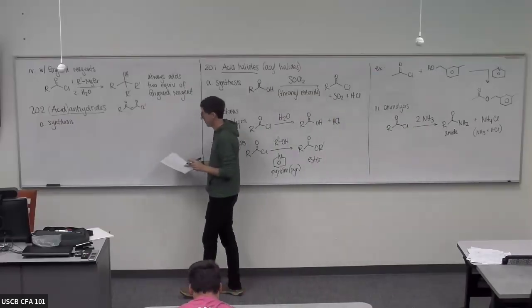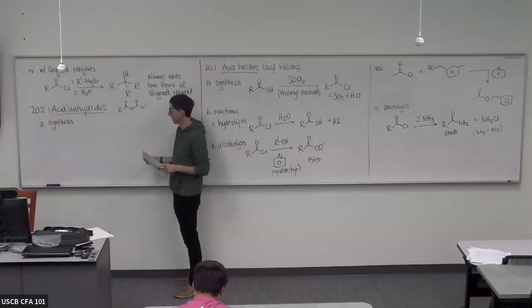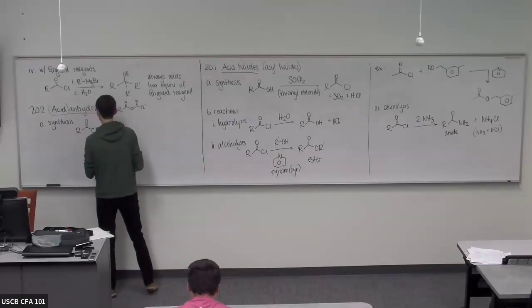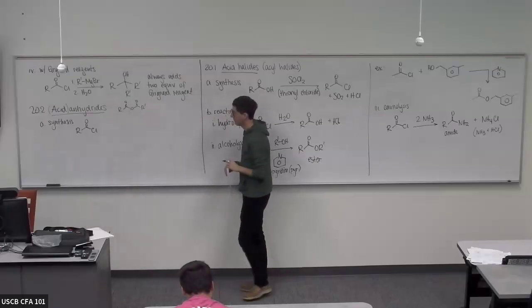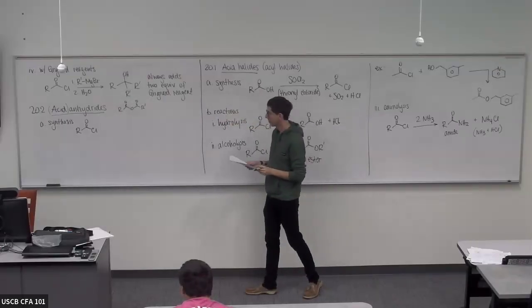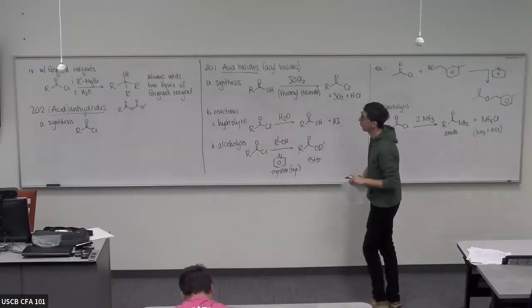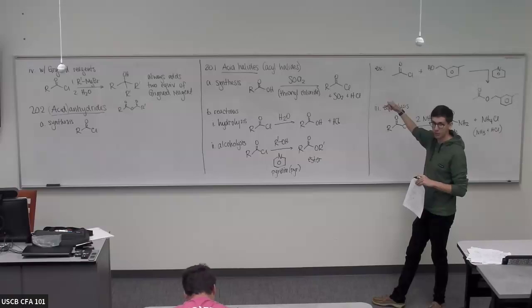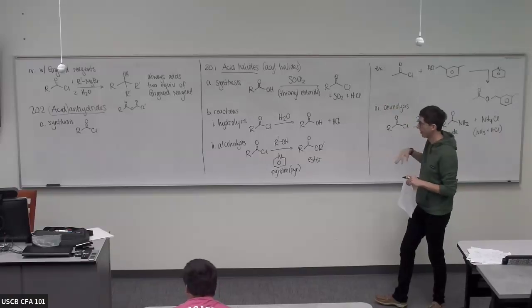But in practice, that's not really going to work for any sort of significantly sized molecule that we might be interested in making. And so generally, you're going to have to start from an acid halide. This is why we're doing them in order of reactivity, because generally speaking, you're going to use a more reactive compound to make a less reactive compound.